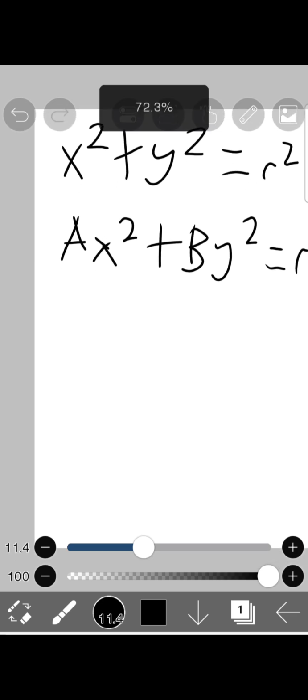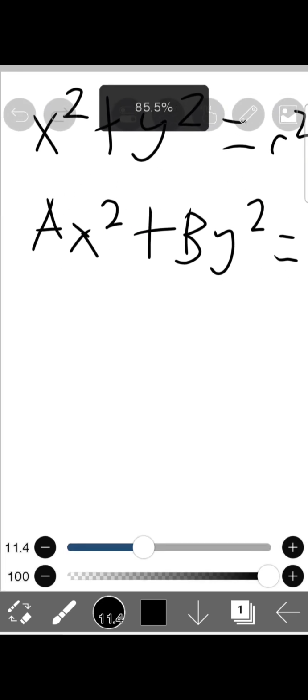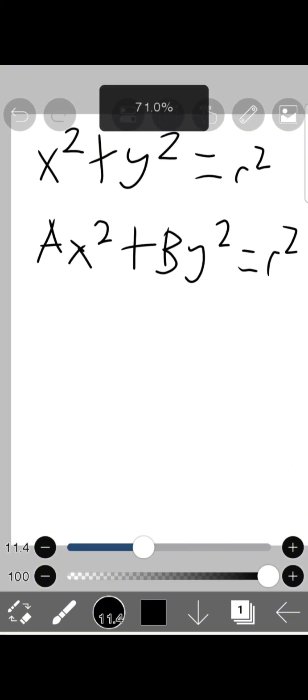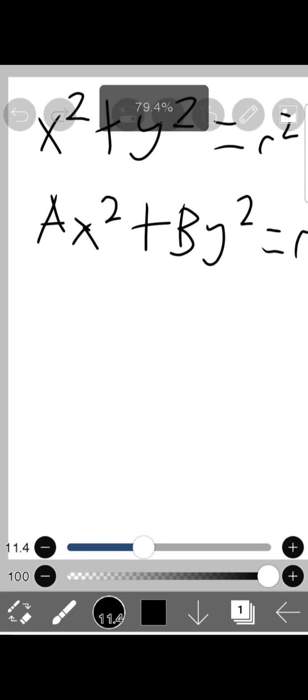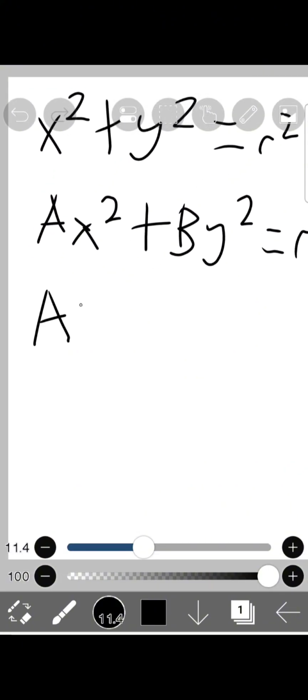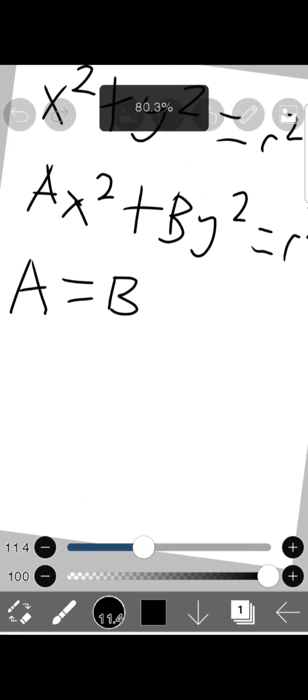Well, you'll see why. For this equation to become a circle, obviously we need to assume that a equals b. No matter the value, like a equals 1, 2, 3, 4, 5, 6, 7, it's got to be equal for b as well.